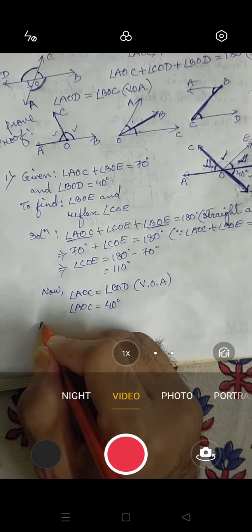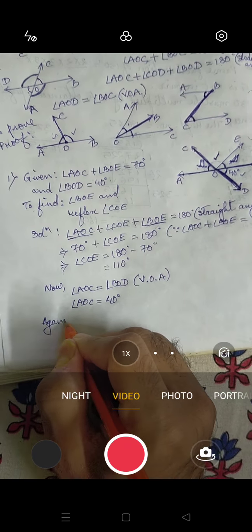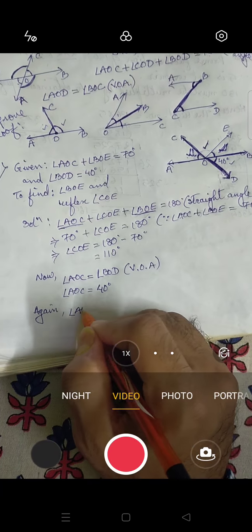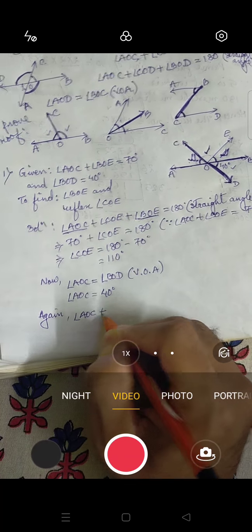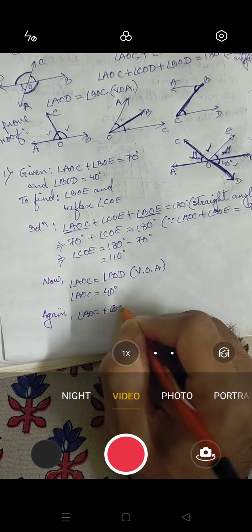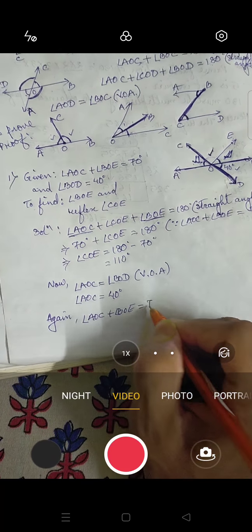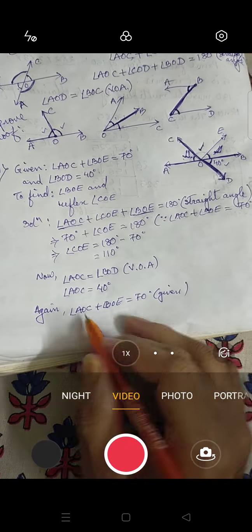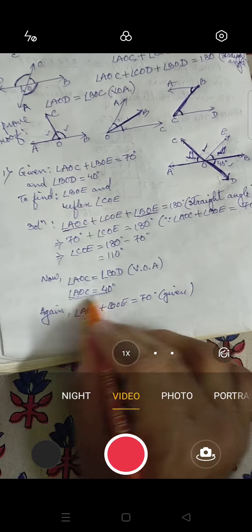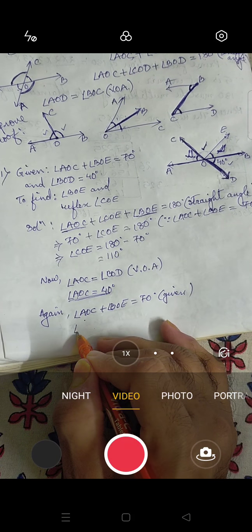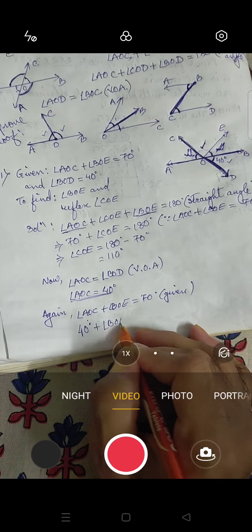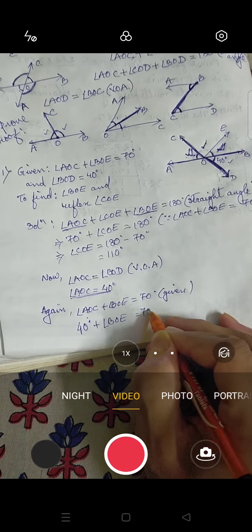So we can say again angle AOC plus angle BOE equals 70 degree. Why? Given. It was given in the question. AOC, we know AOC is 40 degrees. So we can write here AOC as 40 degree plus angle BOE equals 70 degree.